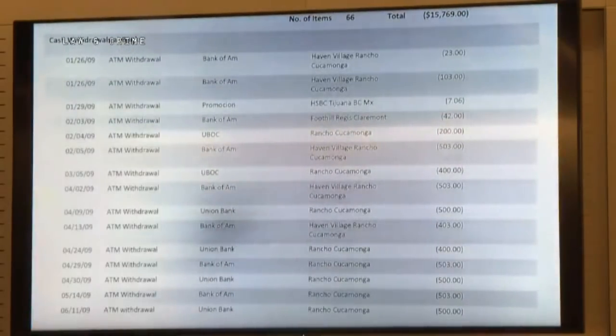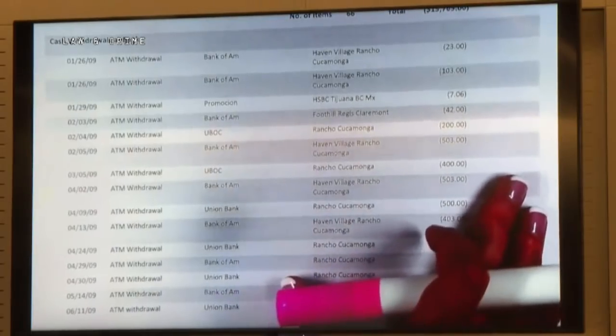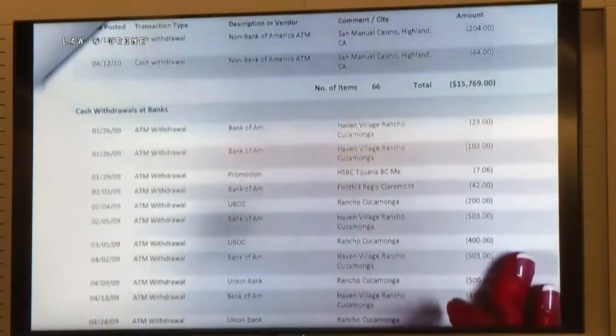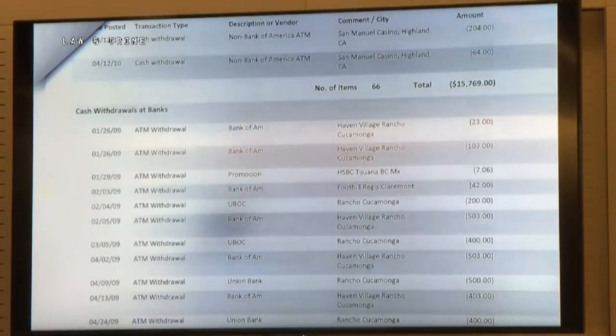Going to page 4, this one we saw started at January 23rd of 2009 to April 12th of 2010. Did you notate the number of transactions and dollar amount?